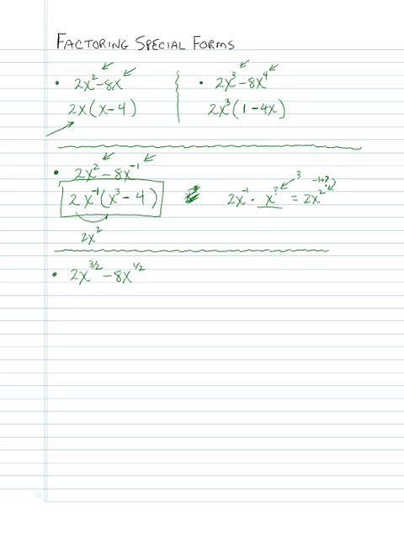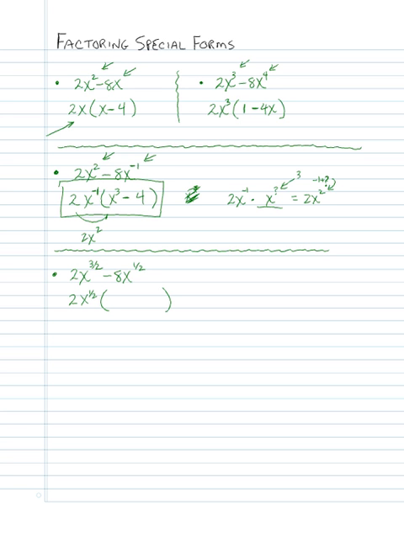But you see what's going to happen here, or maybe you don't see what's going to happen, but we certainly can factor out a 2 again, can't we? And we can factor out an x, but we again have this question, we've got to use the lowest power of x, and the two powers are 3 halves and 1 half. And since 1 half is the smaller of those two, we factor out a 2x to the 1 half power.